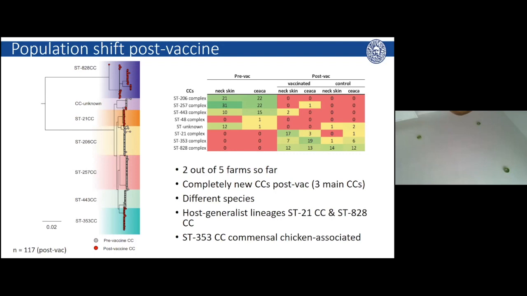Also, we only found C. jejuni in the pre-vaccination sampling, but this time we found C. coli as well, and we also found ST353, which is more like a commensal-associated clonal complex. But we still have the remaining 3 farms to see the rest of the variation.